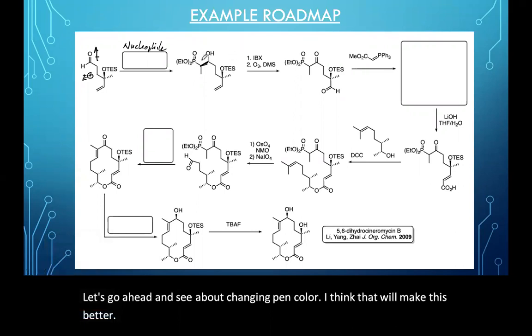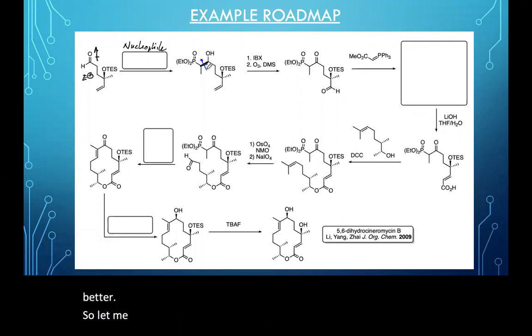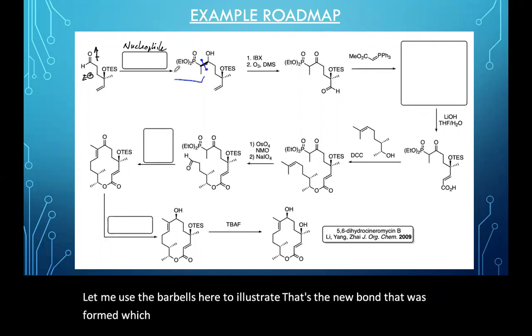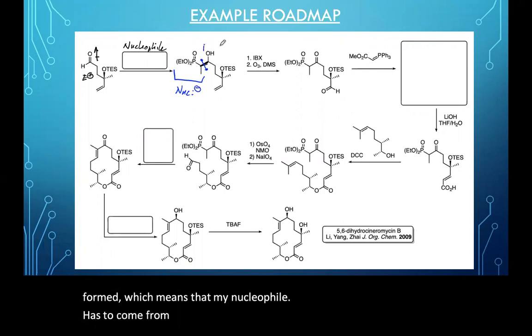So let me use the barbells here to illustrate. That's the new bond that was formed, which means that my nucleophile has to come from these components, because this portion of the molecule was my electrophilic portion.